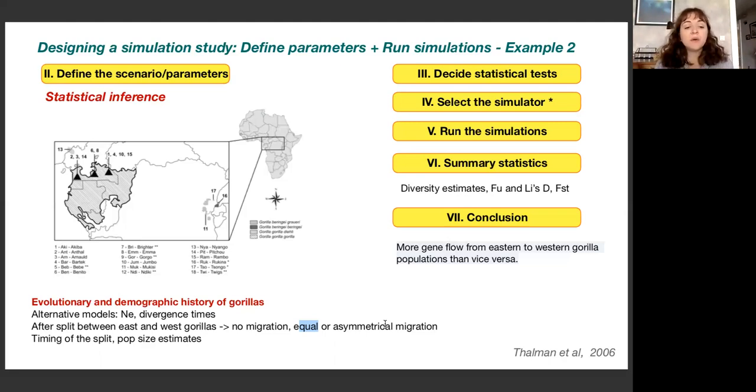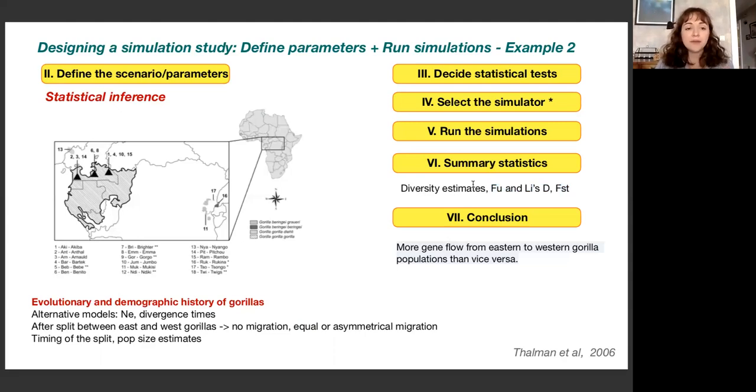Then they considered the timing of the split between the populations and population size estimates. In such a case, the summary statistics they used were diversity estimates and the differentiation, the genetic distance, between the populations, using FST-based or Fu and Li tests.